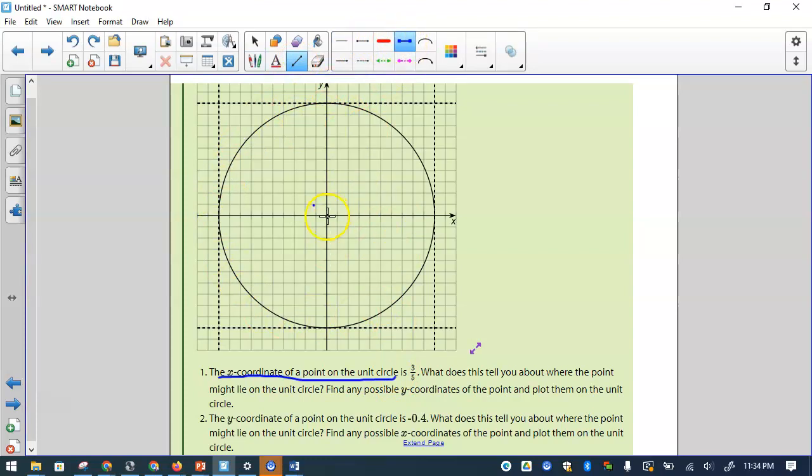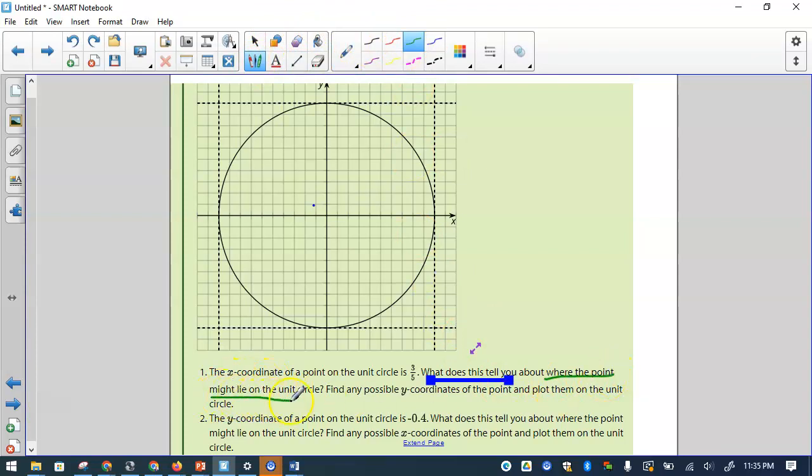So it only means from here this is 1. So that's what that means. No matter where, this is 1, this is 1, this is 1, like that. Then the next question asked is, what does this tell you about where the points might lie on the unit circle?